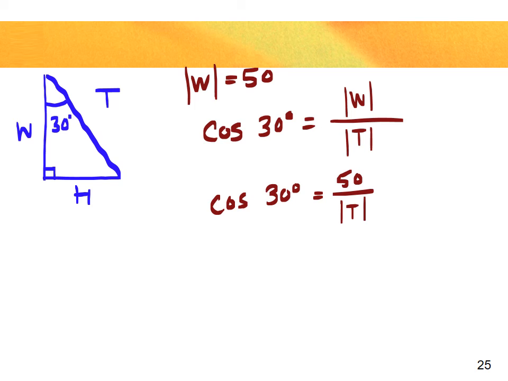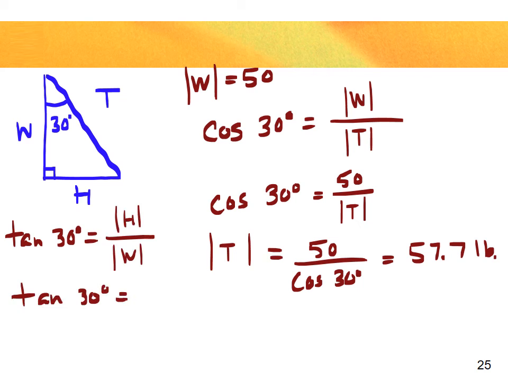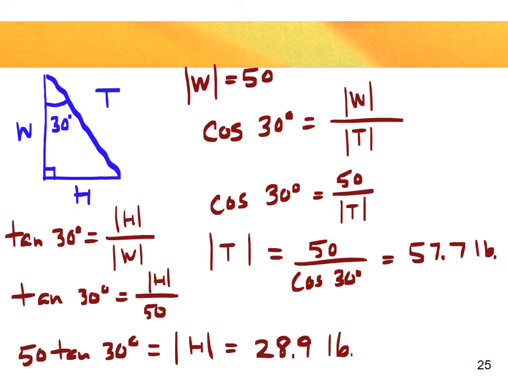I just need to figure out the magnitude of T. So how about we multiply both sides by the magnitude of T, and then we divide both sides by cosine 30. We multiply and divide, and we get ourselves this: the magnitude of T would just be 50 divided by cosine 30. Punch that into your calculators. Go for it.